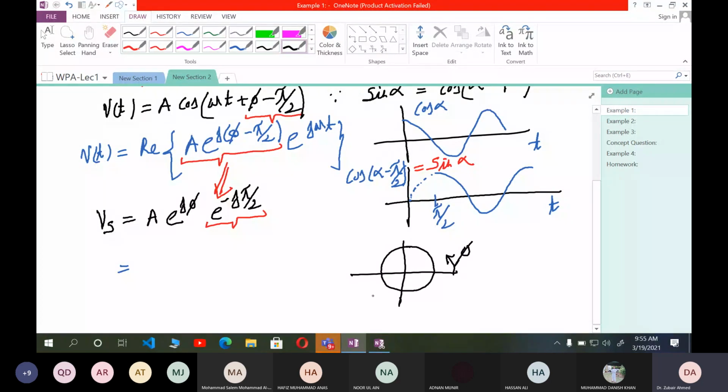At phi equal to minus pi by 2, with this as the real axis and this as the imaginary axis, we will be at this point, which is minus j. Yes, this is the correct answer. So this can be written as A exponential of j phi, and this whole term becomes minus j. So this is the final form of this phasor: minus j A exponential of j phi.